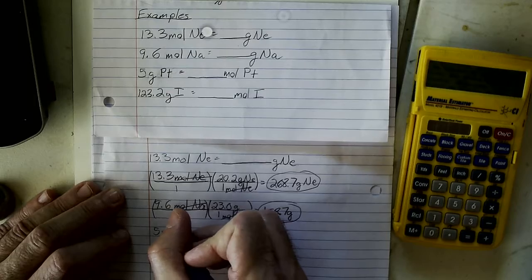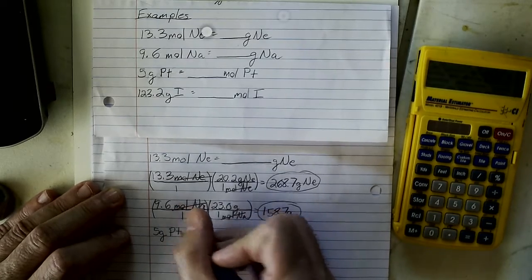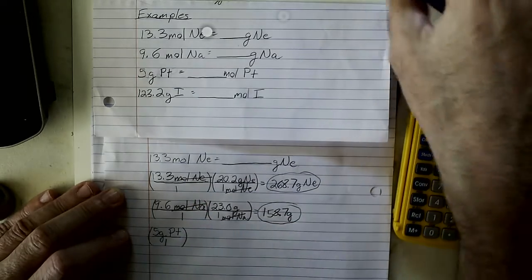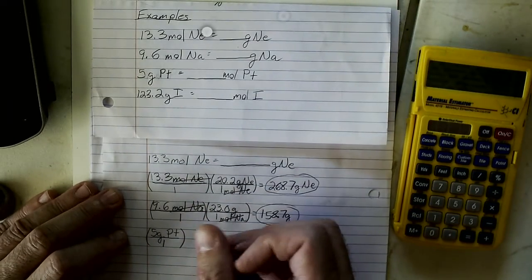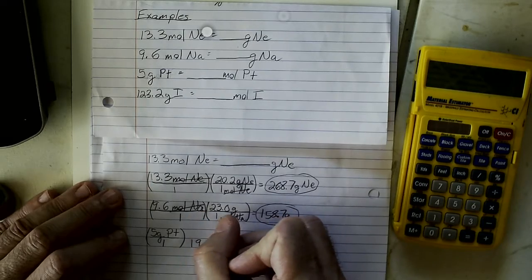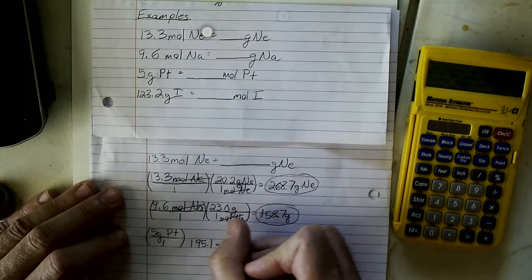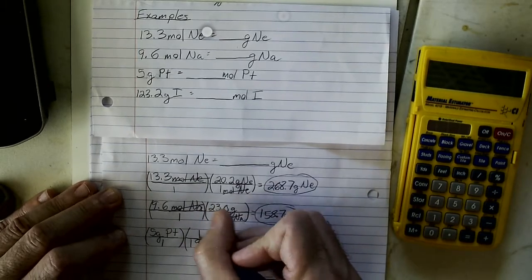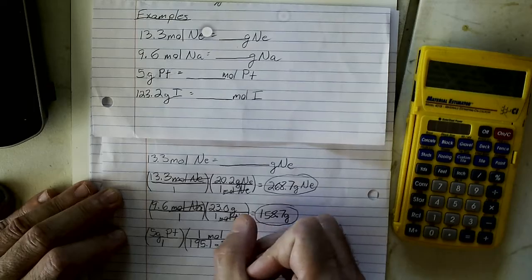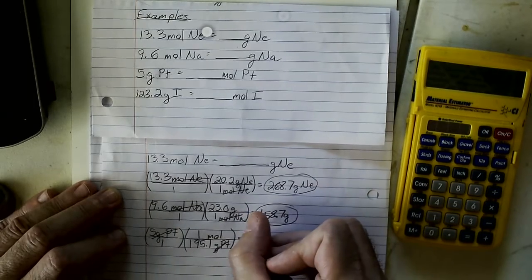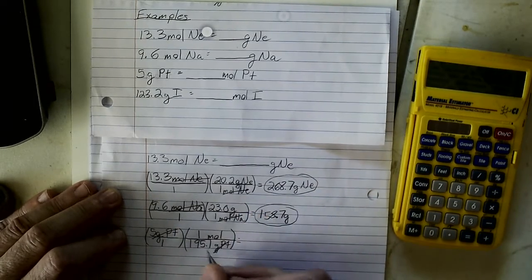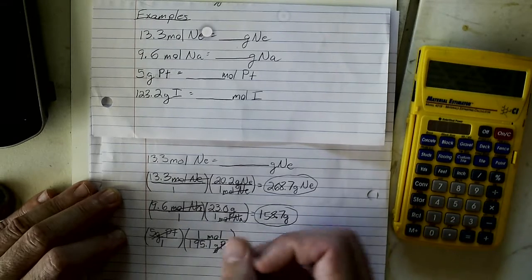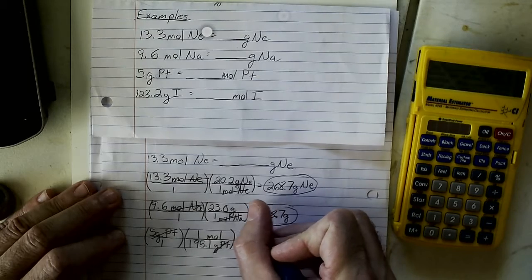5 grams, we're going to go the other way now. 5 grams of platinum over 1. Now let's see what our grams are here. Platinum is 195.1 grams of platinum for every 1 mole. So when it's division like this, multiplication isn't a big deal, but when it's division, I like to actually write it out.